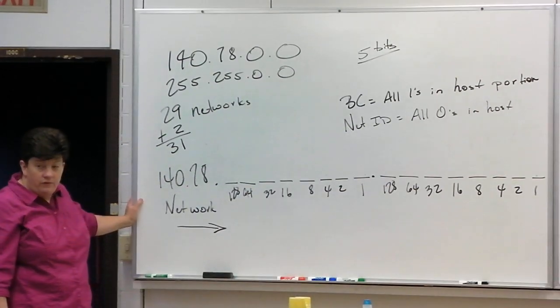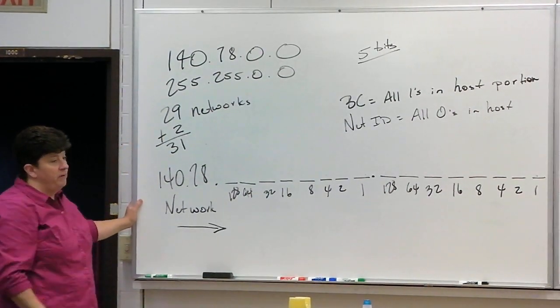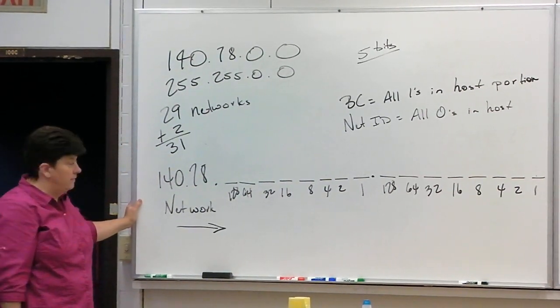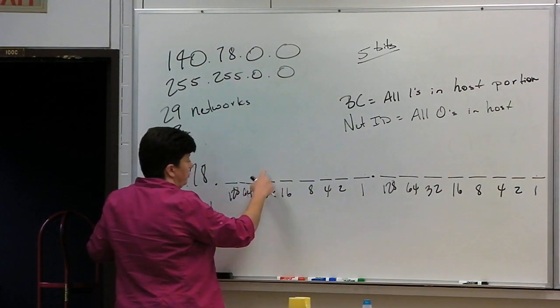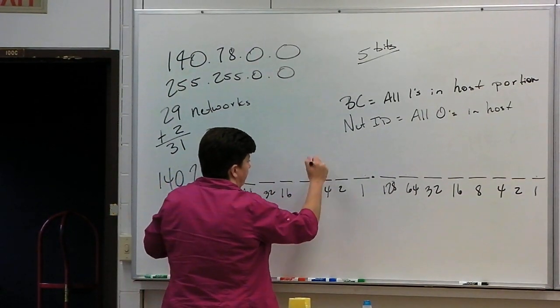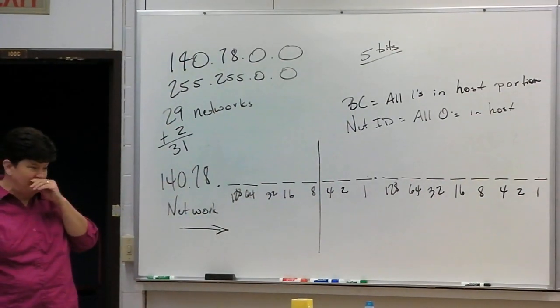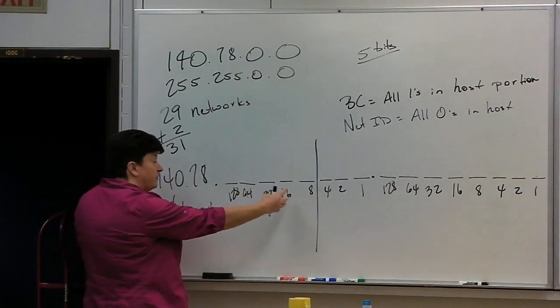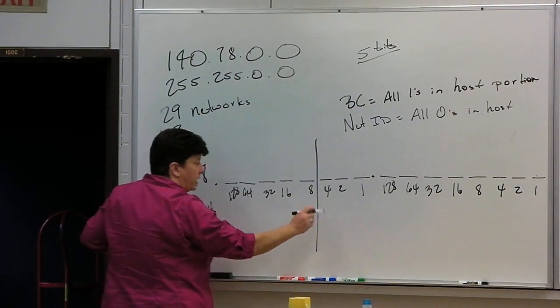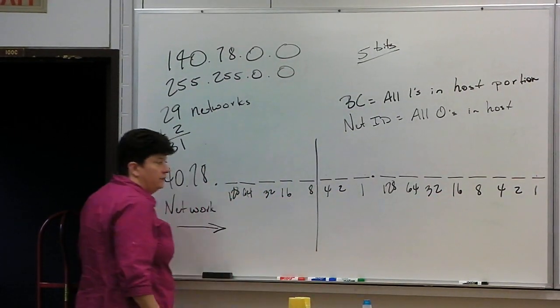How far do I move it? Those 5 bits. So 1, 2, 3, 4, 5. I just moved my line. Now, all of this is my network, and all of that is my host.